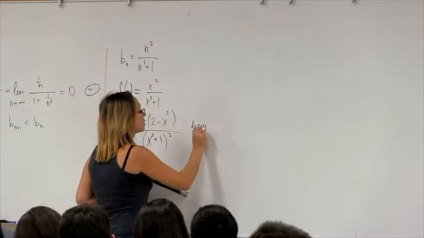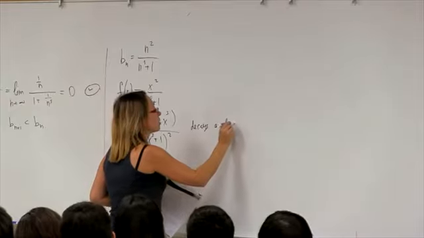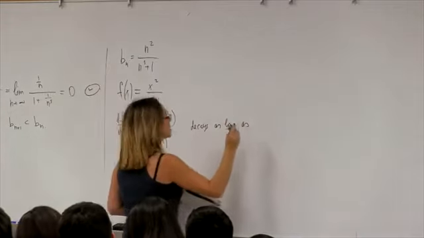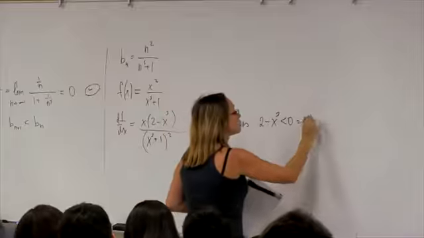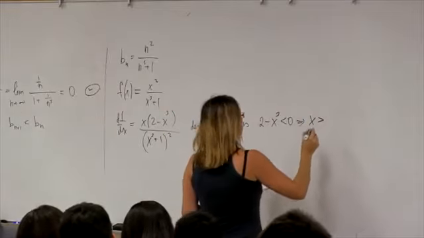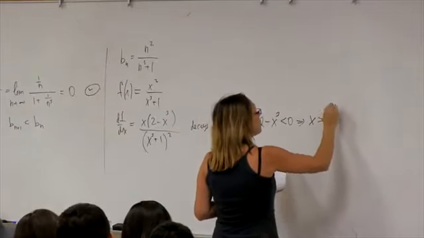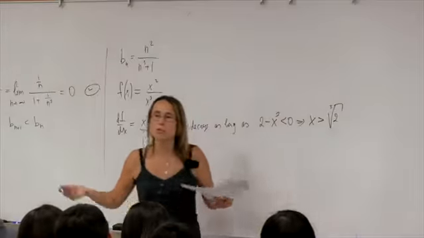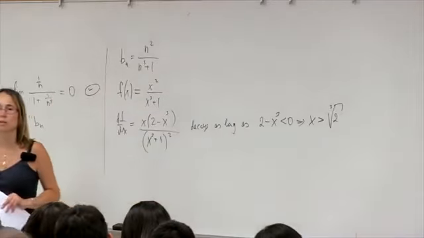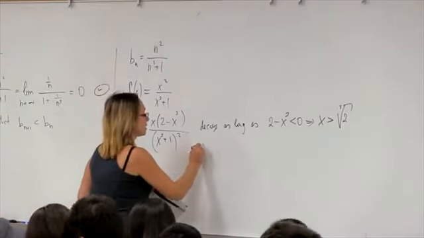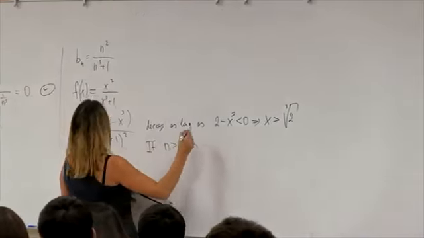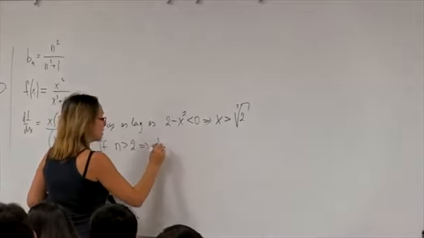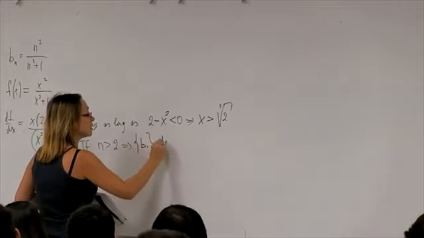It decays as long as 2 minus x cubed is negative, which holds if x is greater than the cube root of 2. What is the cube root of 2? It's some small number between 1 and 2. So if n is greater than 2, the sequence b n decays.